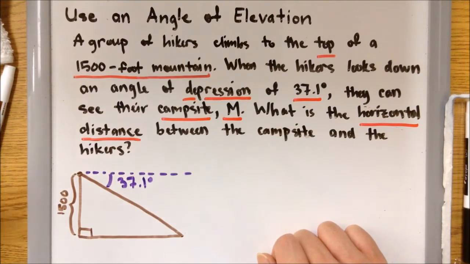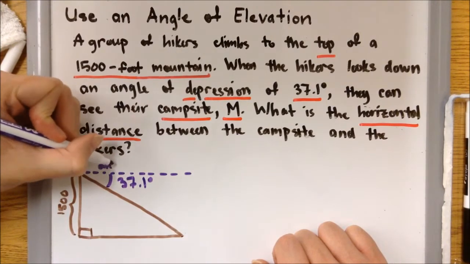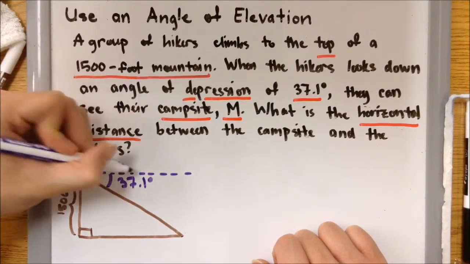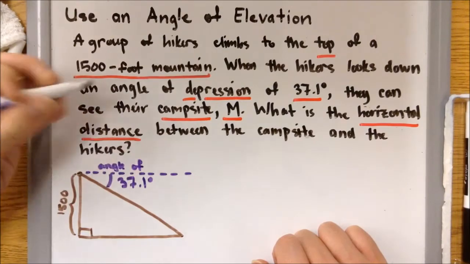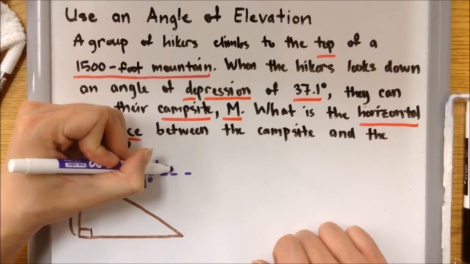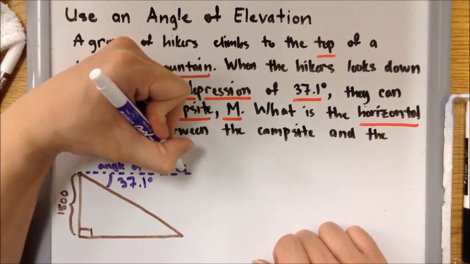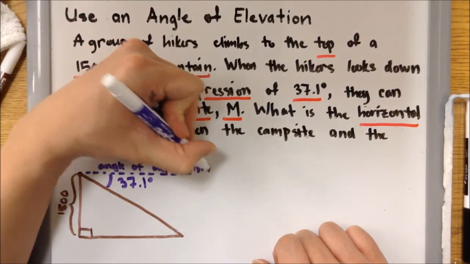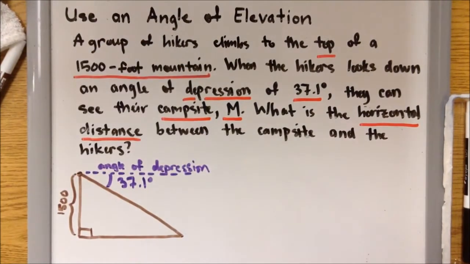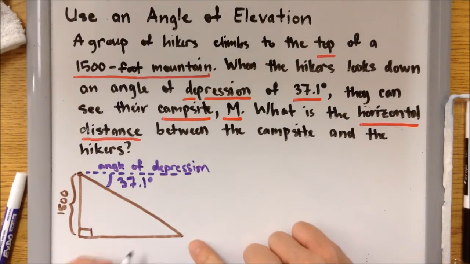So this is where your angle of depression is. Looking down, they see their campsite M.